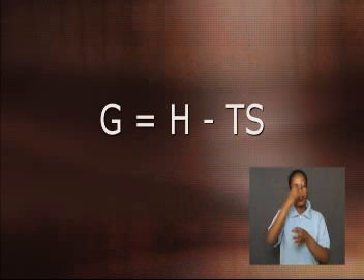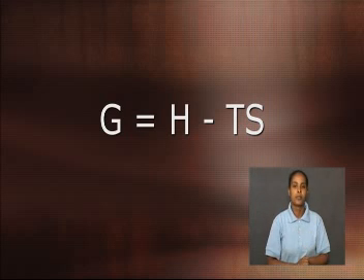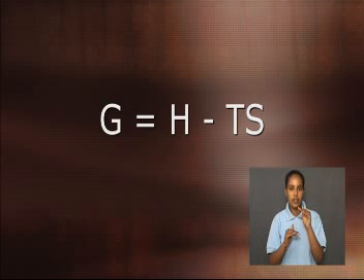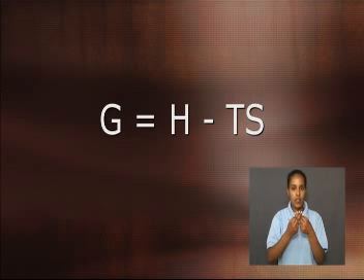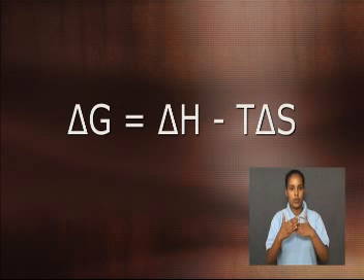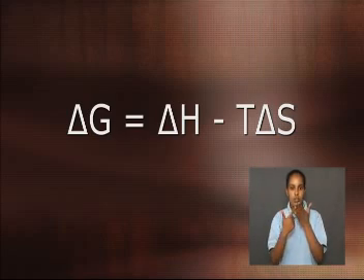Gibbs free energy is defined by this formula. Free energy is equal to enthalpy minus the absolute temperature times entropy. If a process is occurring at constant temperature, the change in free energy is shown in this expression.